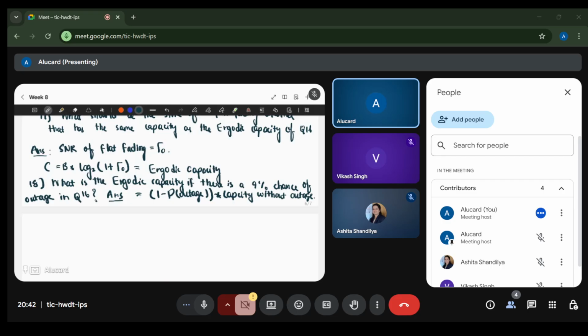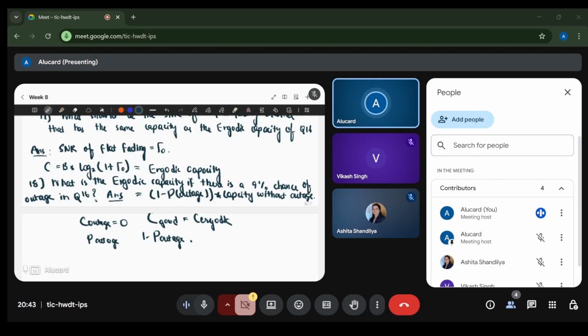So in a sense, C outage is equal to 0, which happens with probability P outage. C good is C ergodic that we calculated earlier, which happens with probability 1 minus P outage.